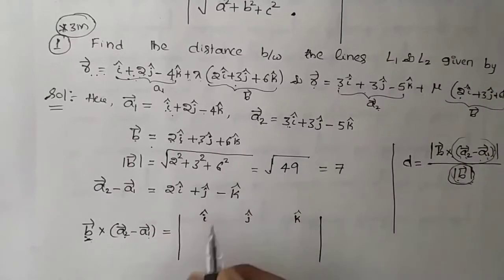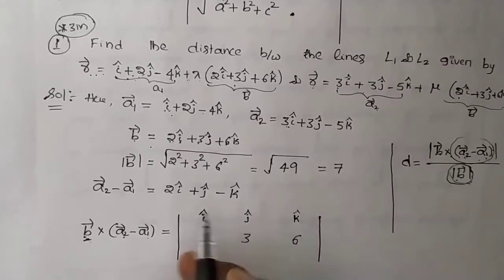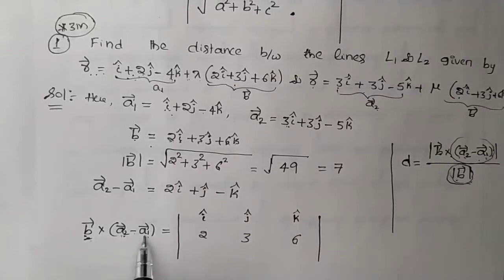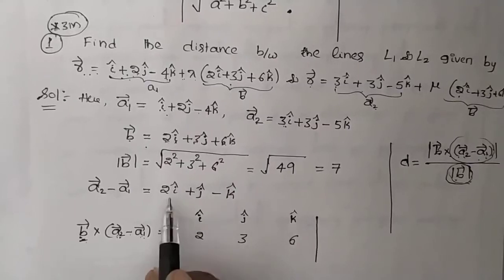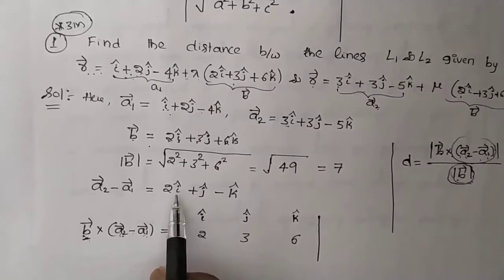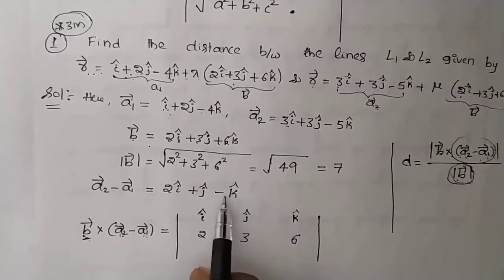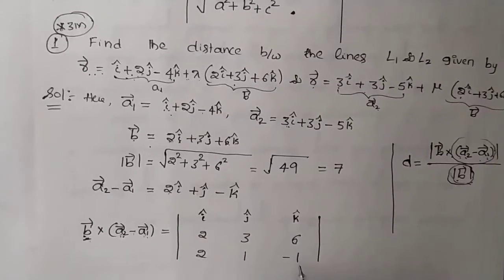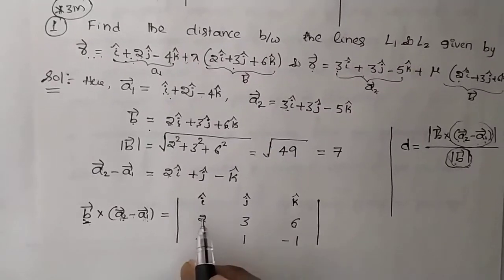Next, the components of a2 minus a1 vector: i component is 2, j component is plus 1, k component is minus 1.